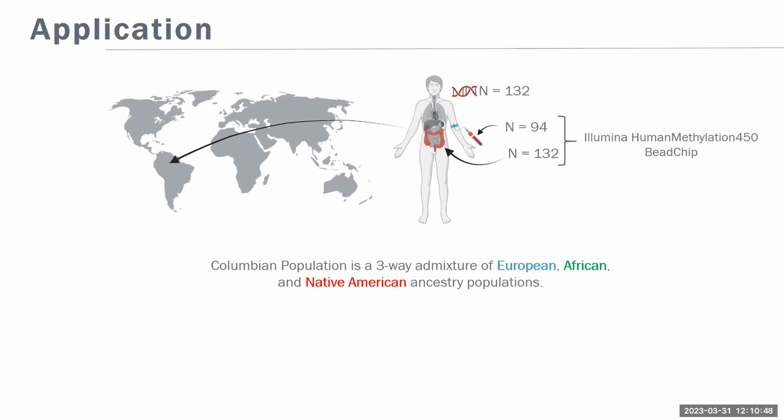The Colombian population is a very good model here, because the South American populations are in general an admixture, due to rather obvious historical reasons, between the Native American populations, which used to live there, the Europeans who came in, and then African populations which were brought in due to slavery. So that was our study population.